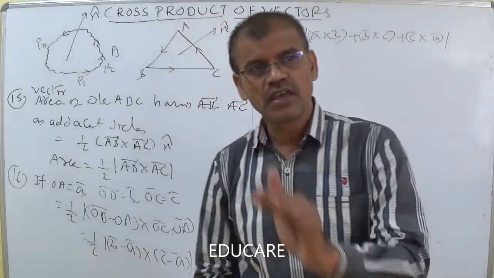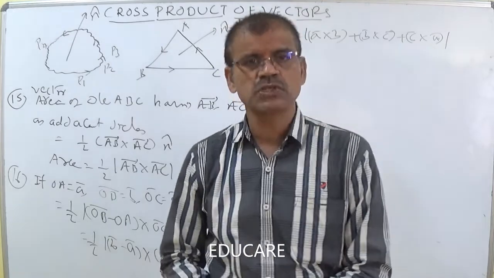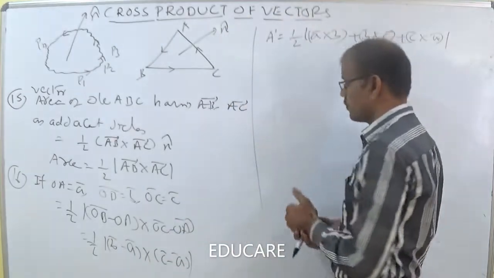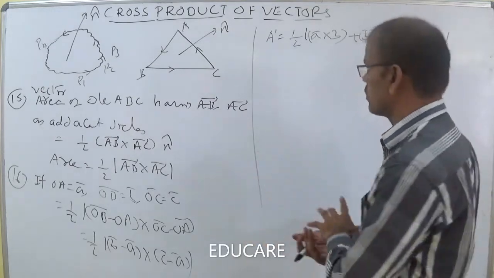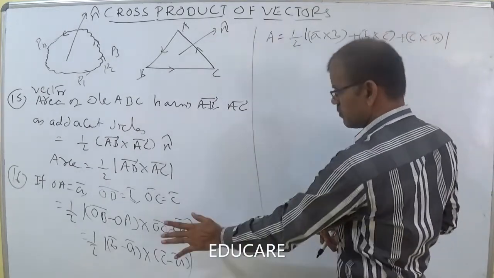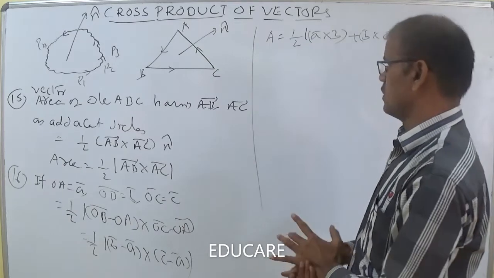Otherwise, if he gives vertices, you can use the same area formula A equal to 1 by 2 modulus of A cross B plus B cross C plus C cross A. With modulus it is magnitude area, and without modulus it is vector area.